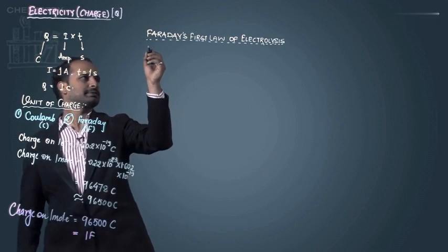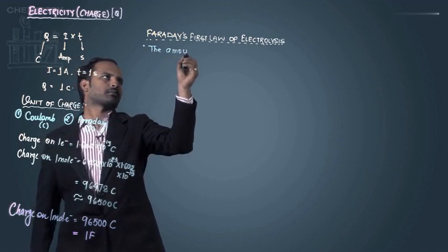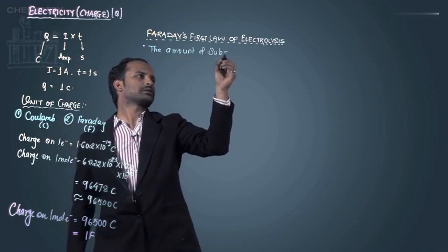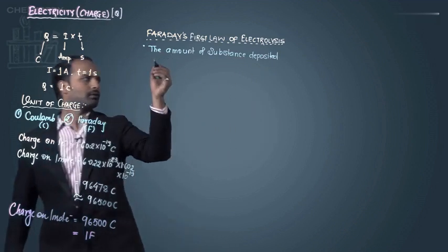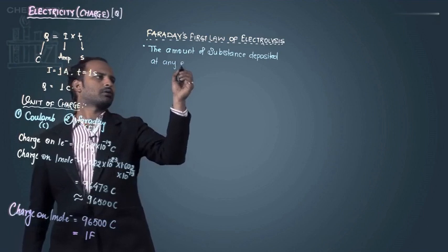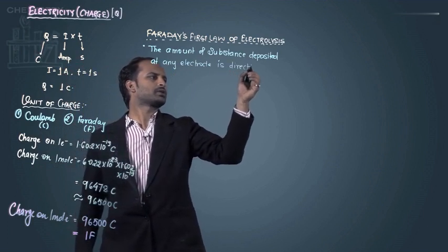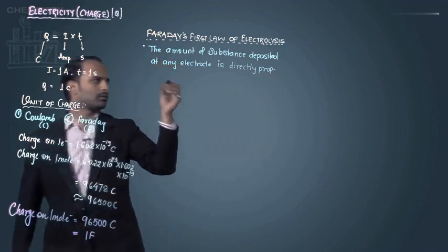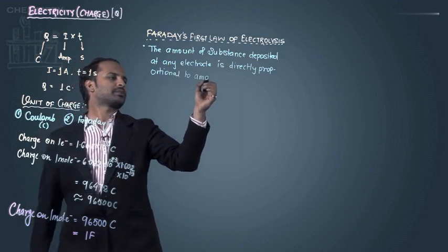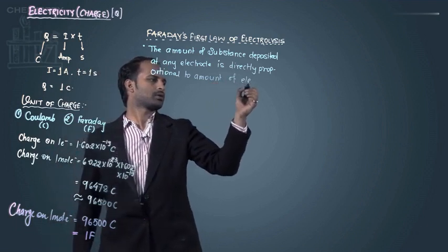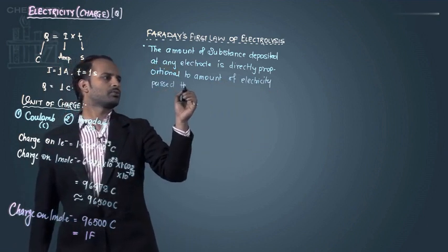The law states that the amount of a substance deposited at any electrode is directly proportional to the amount of electricity passed through the cell.